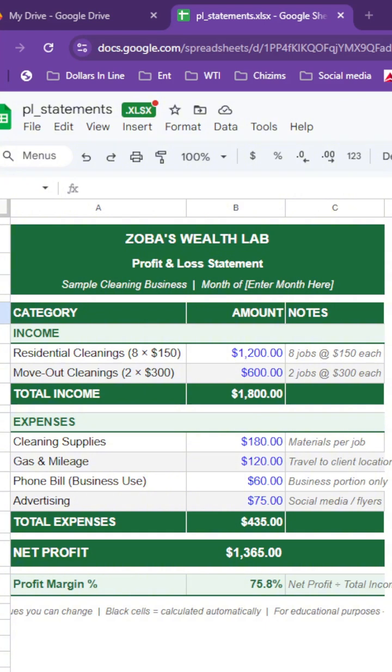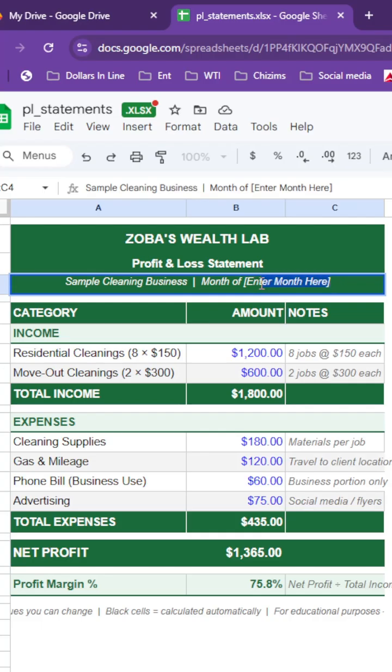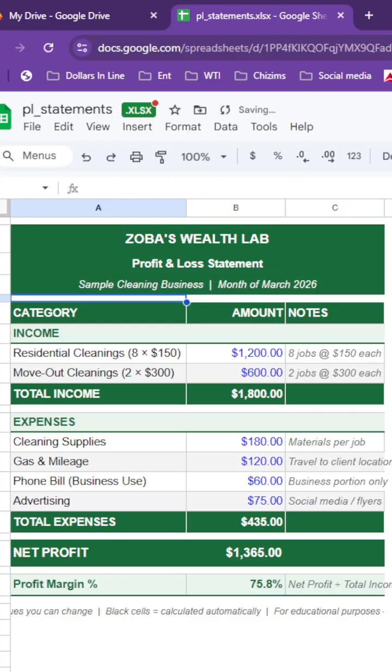Okay, so taking a look at this sample profit and loss here, we are looking at a sample cleaning business. It's the month of, put in whatever month. Let's see, this is the month of March 2026, so we can put that in there so that when you are looking at it, you know what month you are taking a look at.